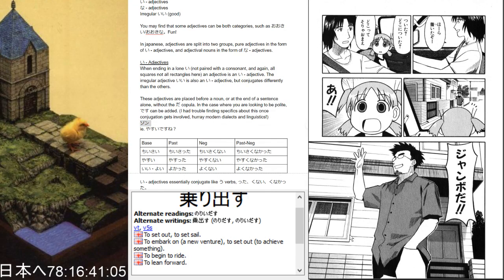Okay, so wait, what are our options with those again? I highlighted them on my screen. You can take a look. Yeah. What's the first one? So, Jasobo. Jasobo da. That doesn't sound right. Jombo. Jumbo da. Neither of those make any sense. Well, it's in katakana, so loan word.